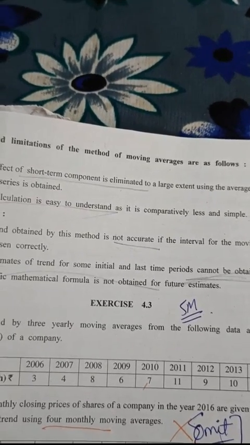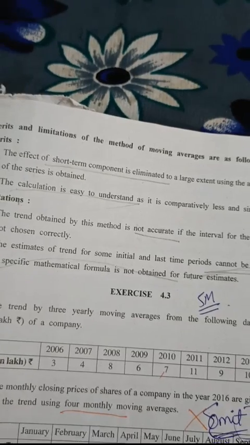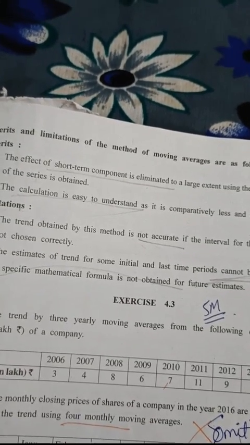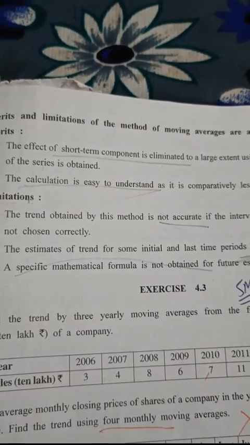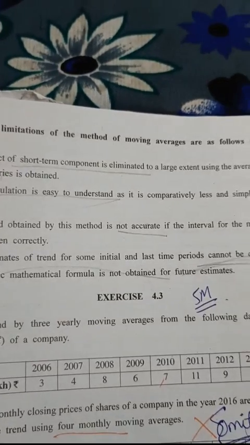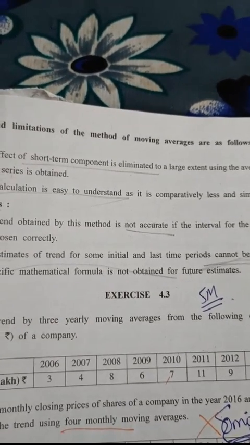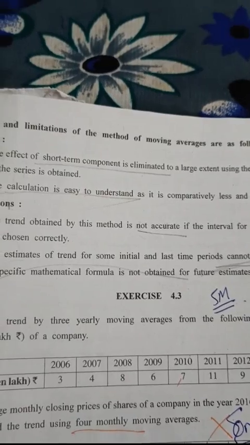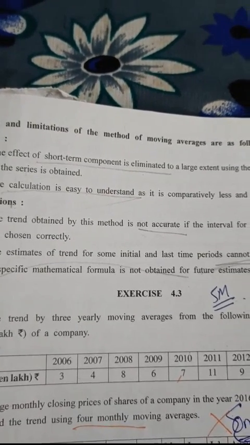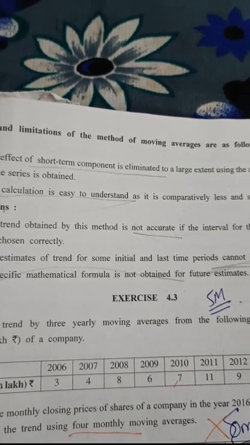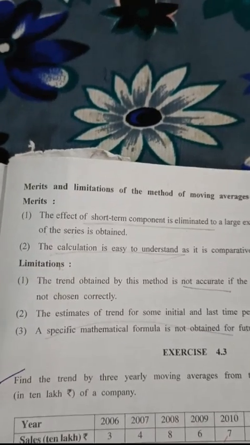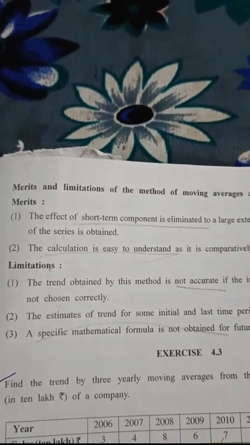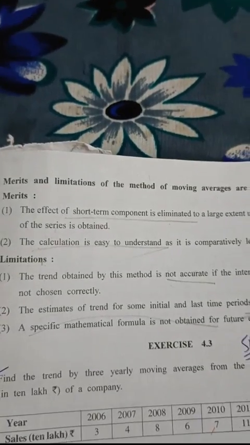First and last, we cannot obtain the data, okay, because we don't have the data related to the first and the last period. Then the third one, a specific mathematical formula is not obtained for future estimates. Here it is not a perfect formula they have given. Here the method we are using, okay, so any specific formula is not given to find the future estimates. Clear? So these were the advantages and limitations related to the moving average method.